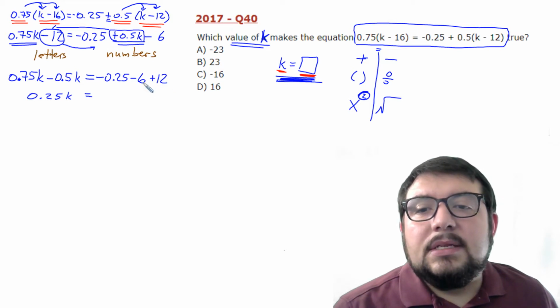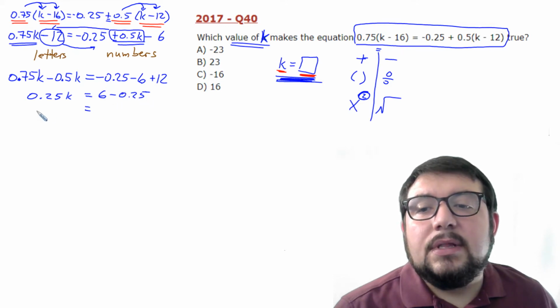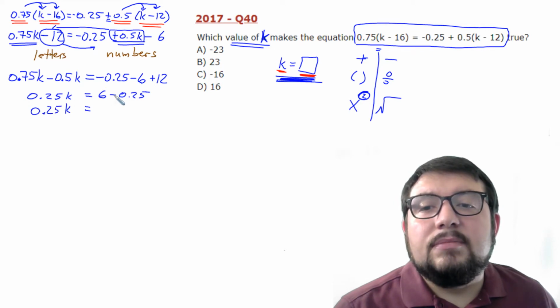Now I can consolidate my numbers as well. Let's see. 12 minus 6 would make 6. And this is going to be negative 0.25. So 12 and negative 6 combined to make positive 6. I'm just going slowly, so I don't confuse anybody.